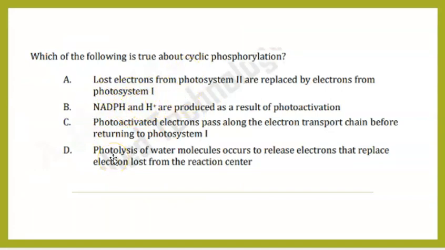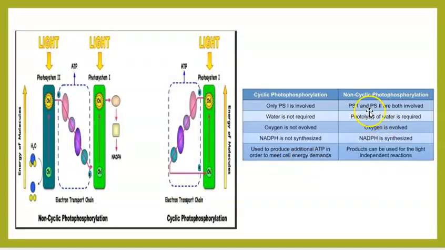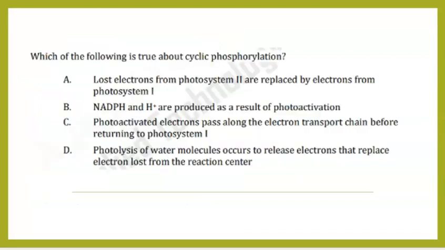Look at option D now. Photolysis of water molecules releases the electrons, and so on. But we know that in cyclic phosphorylation, we don't use water at all. So if you know about cyclic phosphorylation, you know that option D is also wrong.